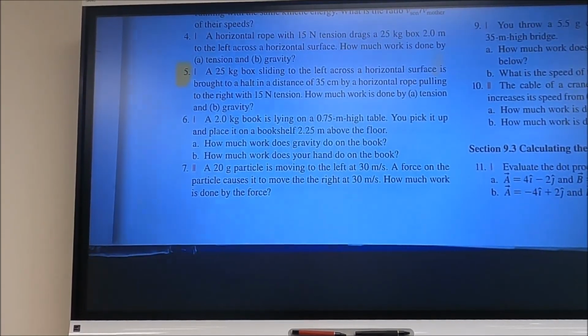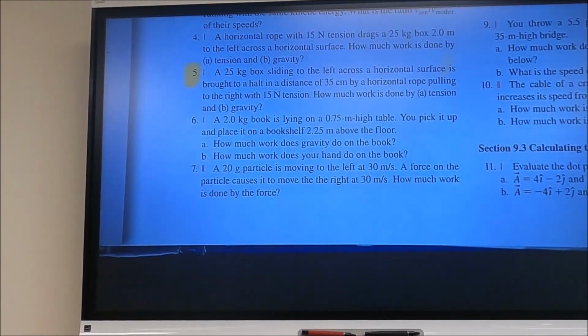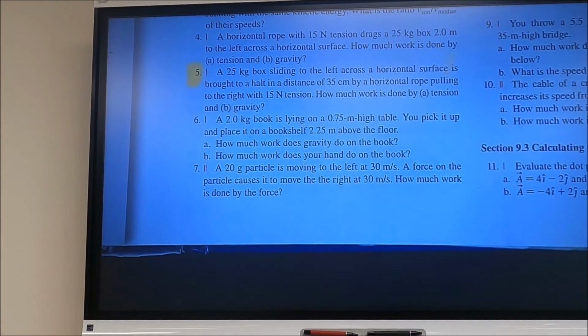Okay, if we look at problem 5 on page 227, it says a 25 kilogram box sliding to the left across a horizontal surface is brought to a halt in a distance of 35 centimeters by a horizontal rope pulling to the right at 15 newtons of tension. How much work is done by tension and how much work is done by gravity?